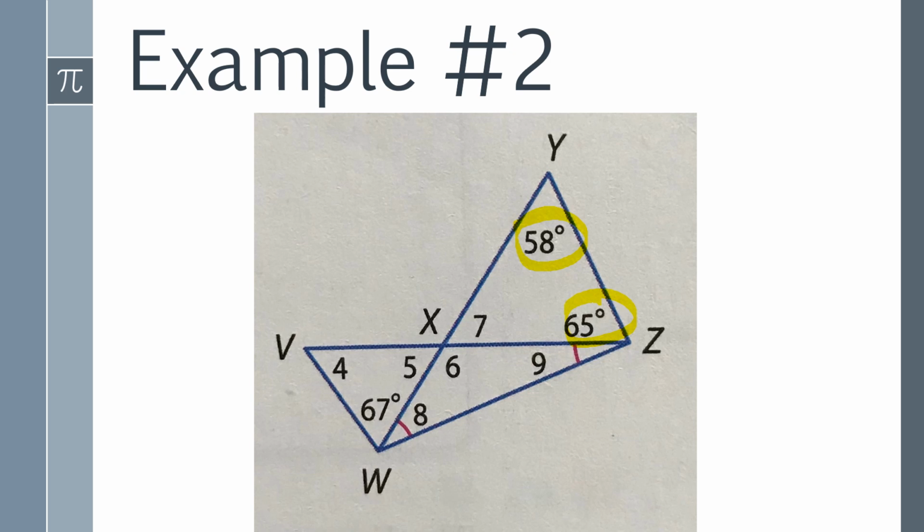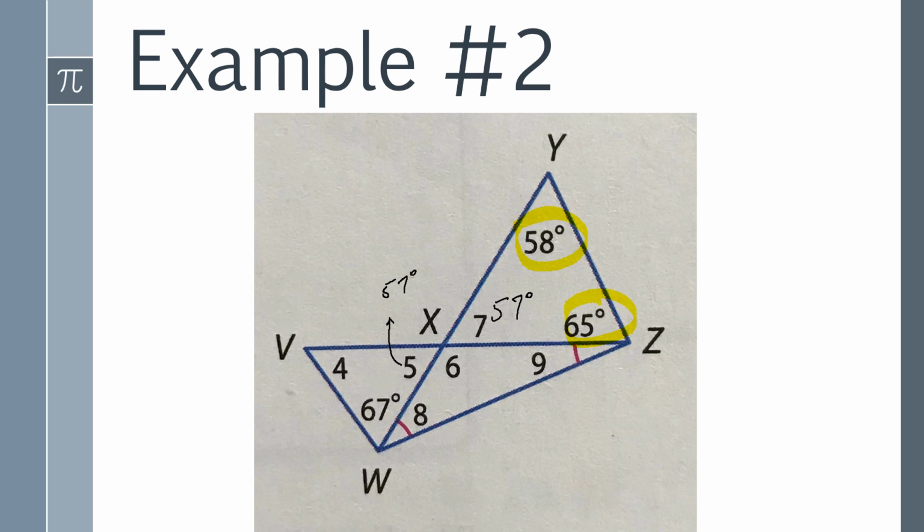So I'm going to subtract 123 from 180, and I get 57. So I knock out a few angles with that because if this one's 57 here, angle 5 is also 57 because those angles are vertical.